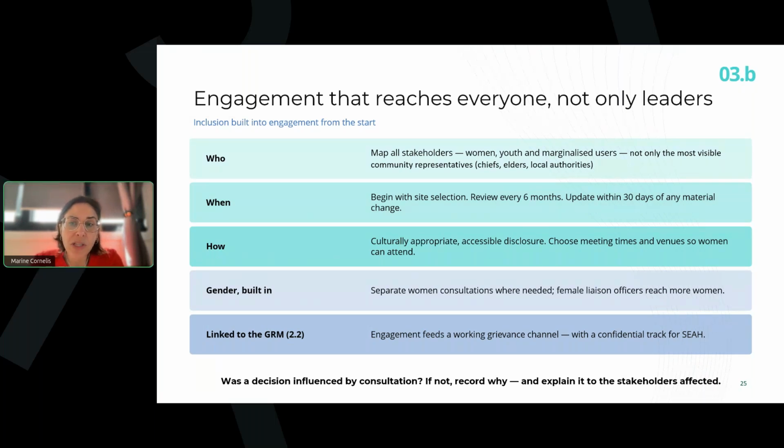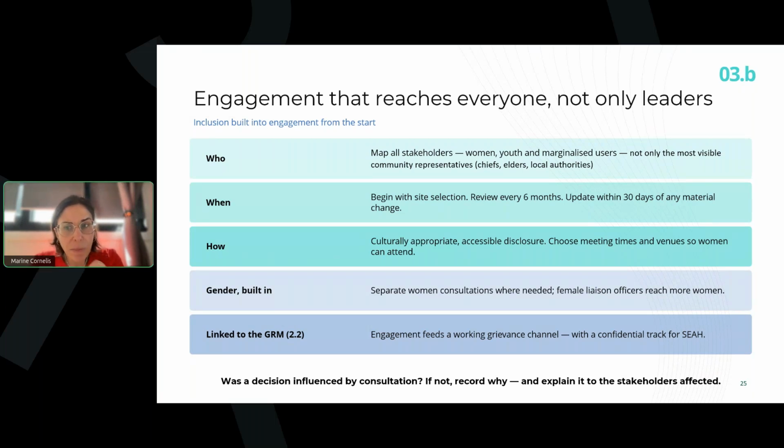For instance, you must separate women's consultation when they're needed and also have female liaison officers who consistently reach more women. And it connects straight to the grievance mechanisms in 2.2 that includes a confidential channel for sensitive cases such as SEAH, sexual exploitation, abuse and harassment.